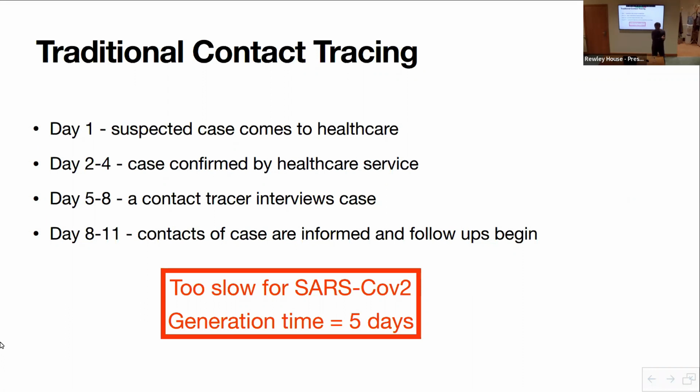Once they've been confirmed as a case, it's passed to the contact tracers within the public health authority. At that point, the contact tracer will contact this individual and arrange an interview.